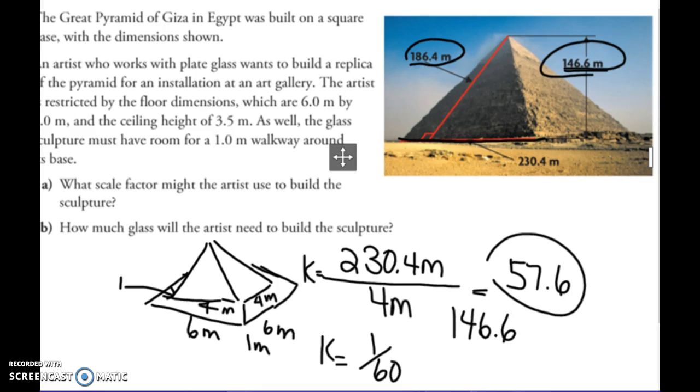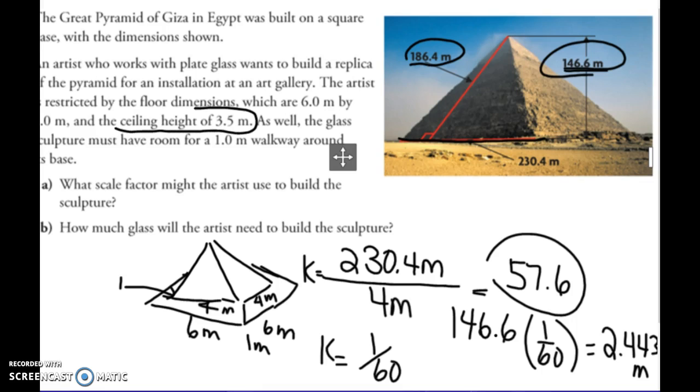So if we times this by our scale factor, which is 1/60th, so basically you're taking 146.6 and dividing it by 60, we would get 2.443 meters, meaning the pyramid that we're going to replicate is going to have a height of 2.443 meters. So that will work out because the ceiling height in the building is 3.5 meters. So we would still fit inside the building.